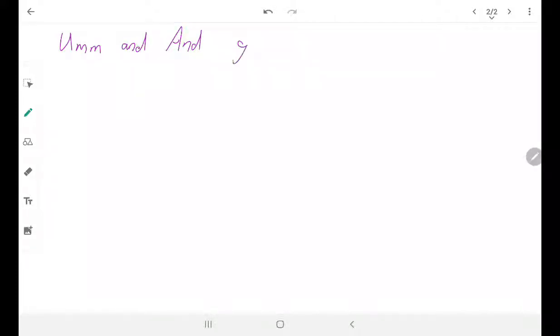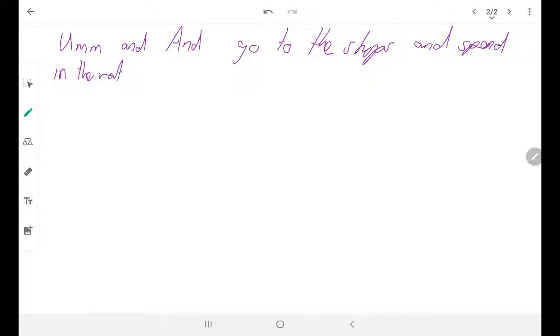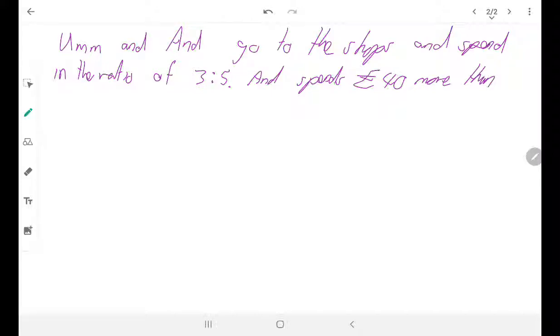And go to the shops and spend in the ratio of 3 to 5, and spends £40 more than. How much do they each spend?